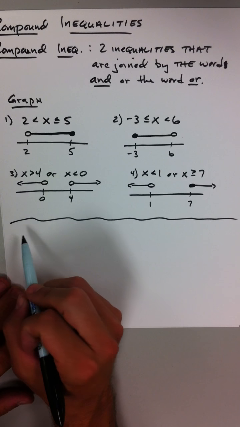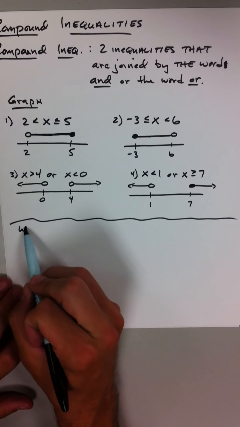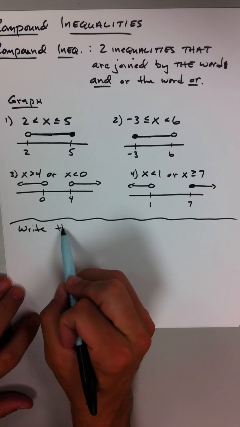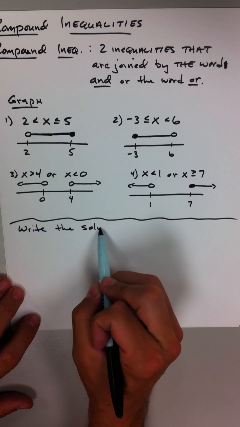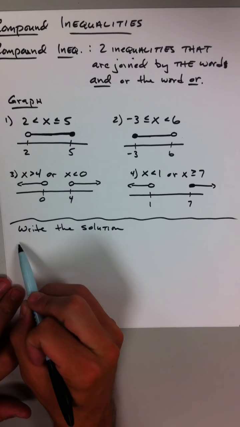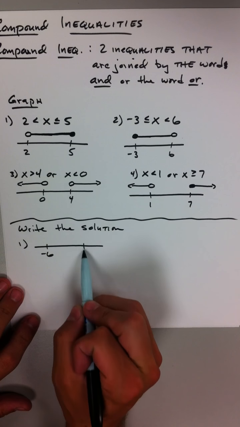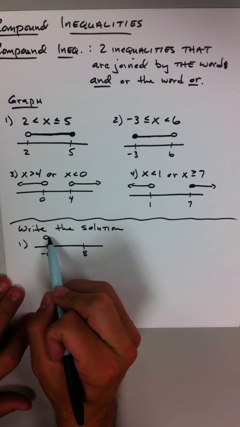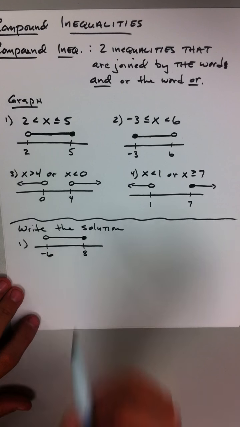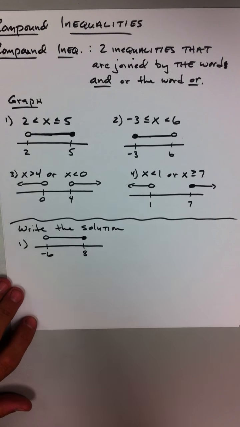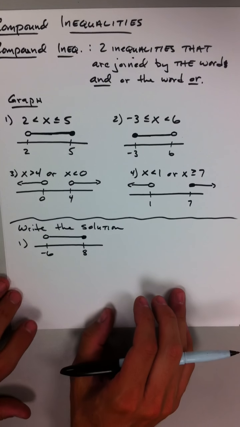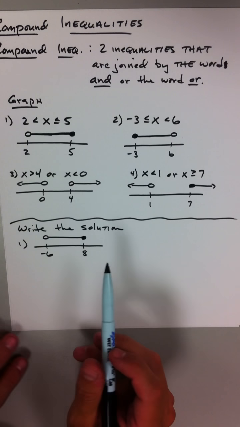Now, what if we go backwards? So what if I asked you to write the solution? What if I give you a graph? Okay, say it's this. So what would be the compound inequality that would create that graph? Well, this is going to be an and statement.